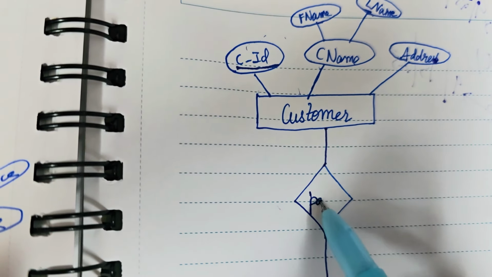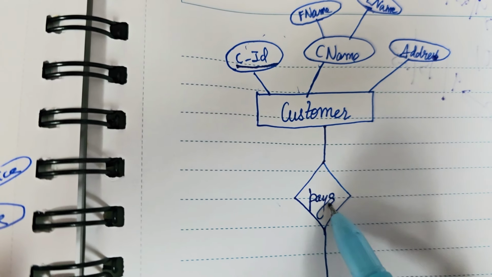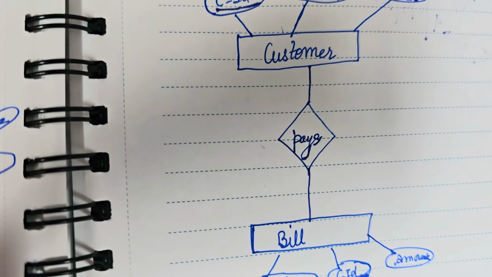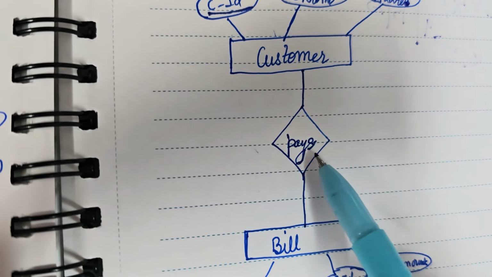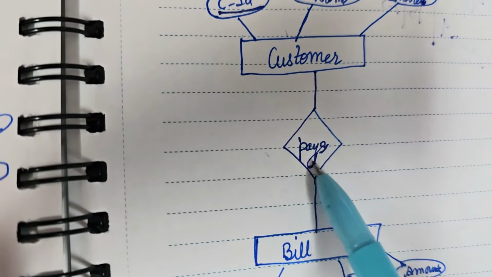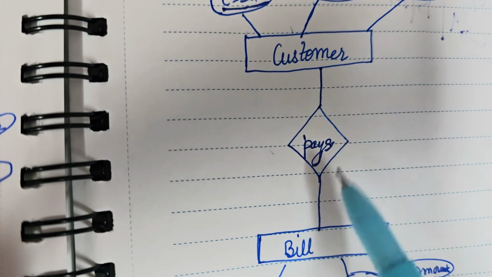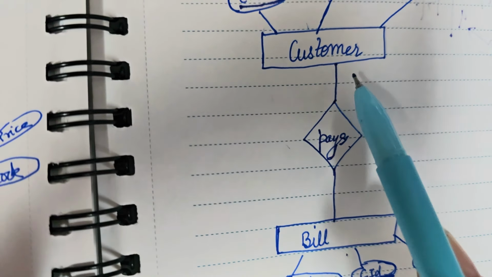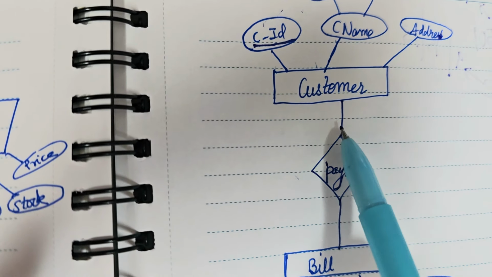Entities are mostly nouns and the relationship includes only the verb. So customer pays bill. Bill cannot be in this diamond shape; this is only for the relationship. So customer pays, which is a verb, bill. The relationship is always between the entities.